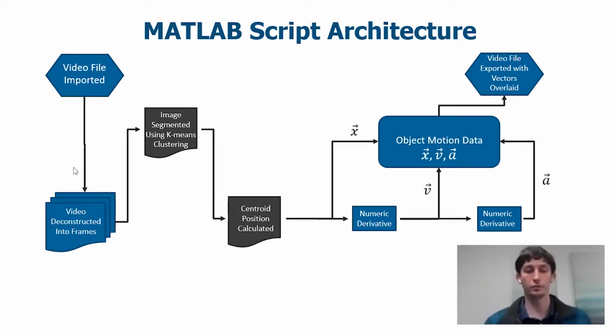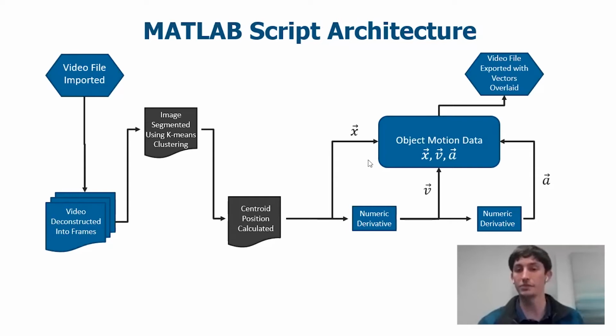And then once we're in our discrete frames, the algorithm will go through and segment images using a specific method called k-means clustering, which we'll talk about a little bit later. And then after we cluster this image into discrete objects, we calculate the centroid position of each cluster. And then once we have those centroid positions, we can use numeric derivatives to evaluate the velocities and accelerations of the centroid of each cluster over time.